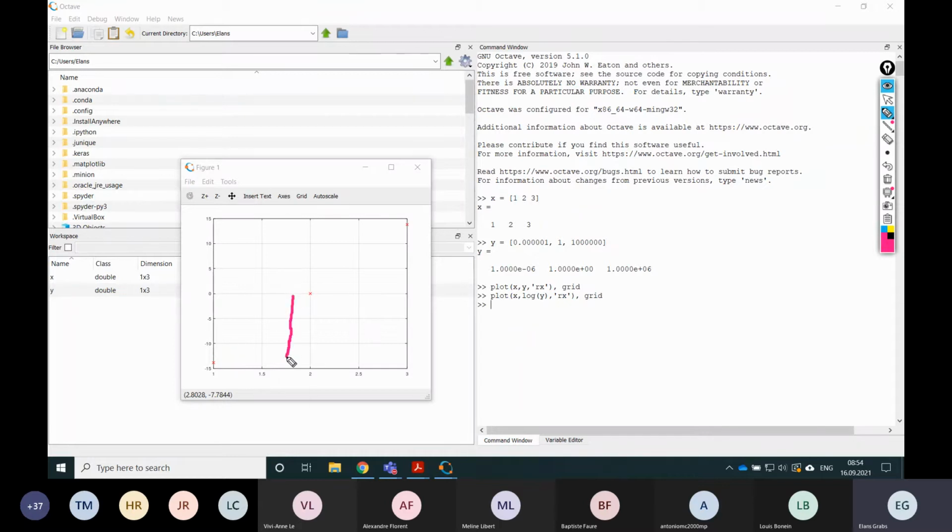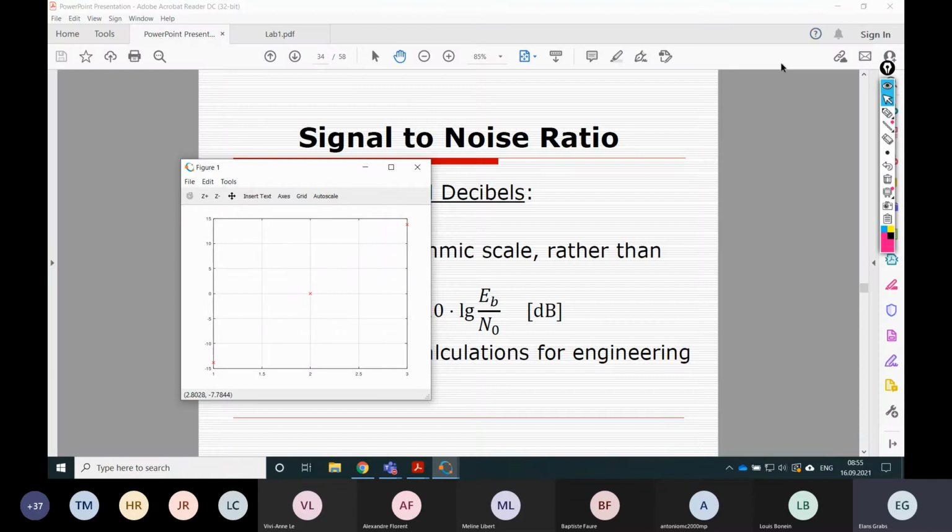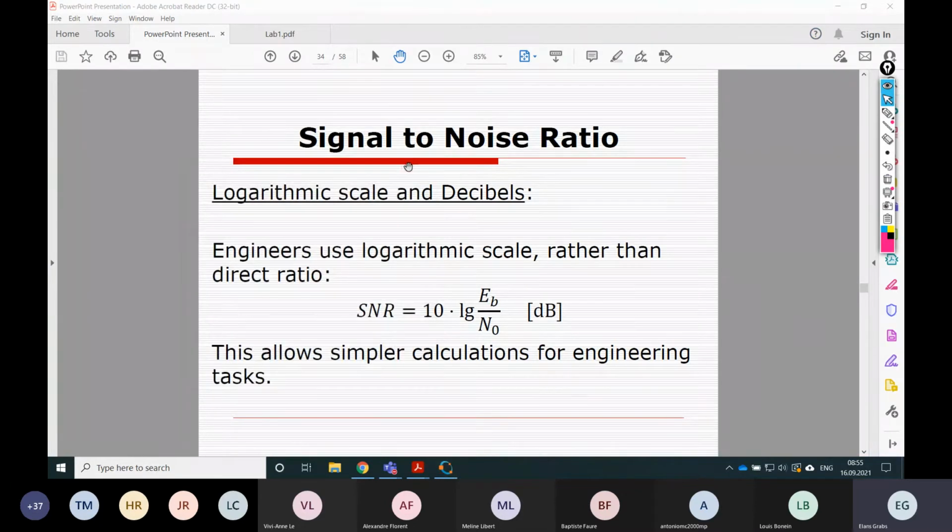The difference here is the same as the difference here. So if you need to compare very strong and very weak signals at the same time and see them together, then a logarithmic scale is much more convenient for this purpose. Hopefully this shows why we need this logarithmic scale.